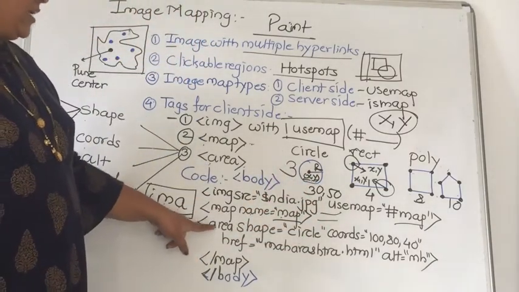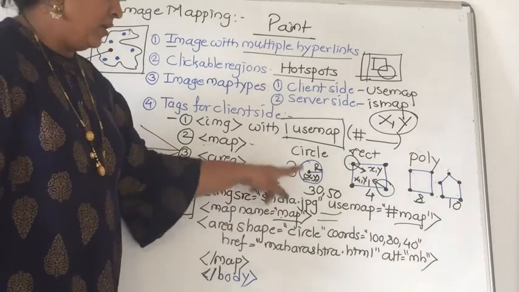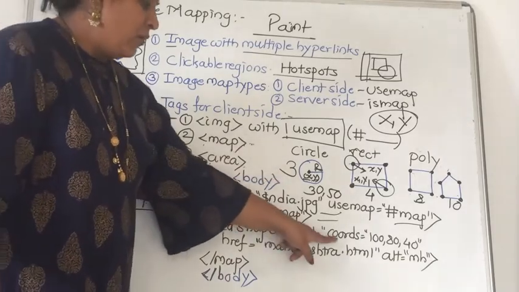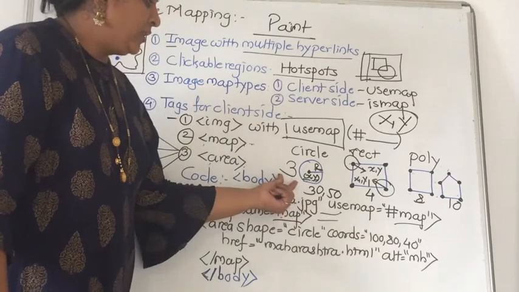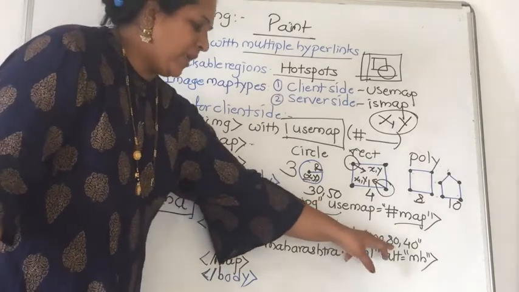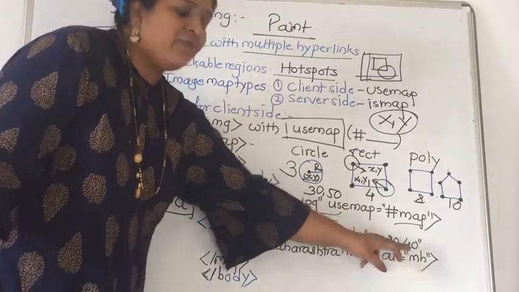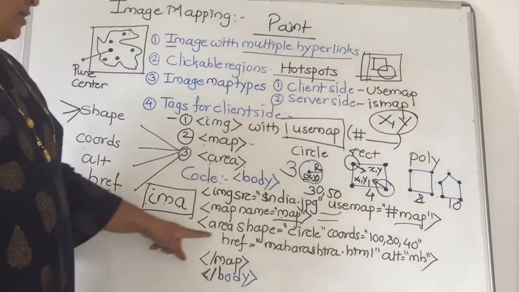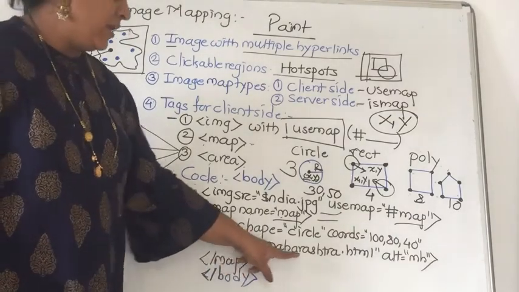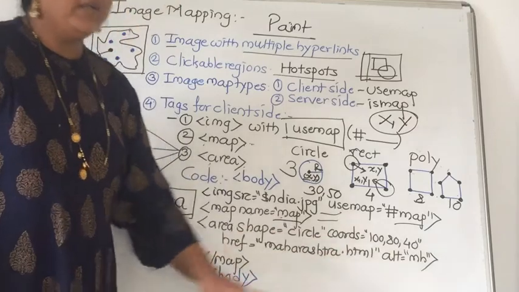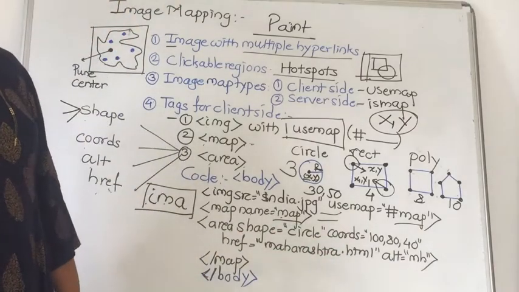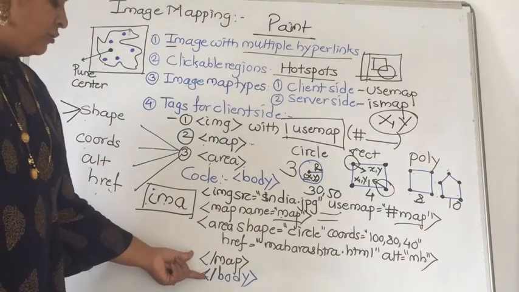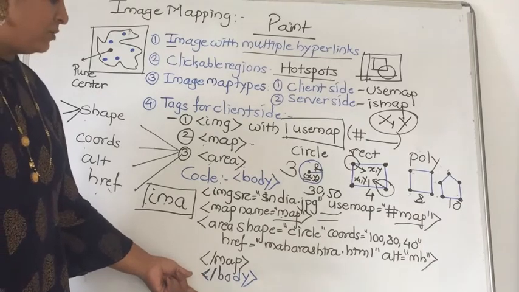Next is area shape equal to circle; the complete word is used. Coordinates equal to a total of 3 values: 180, 180 are my center point and 40 is my radius. href I have given maharashtra.html and alt as the short form of the Maharashtra image. Then I close it with slash map and slash body.